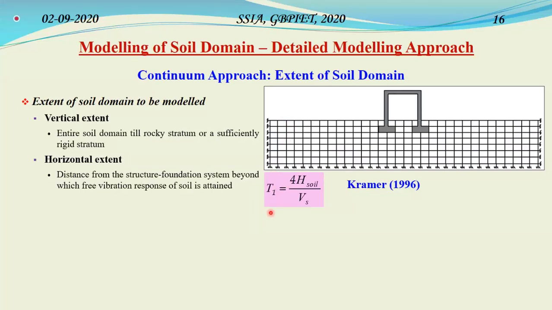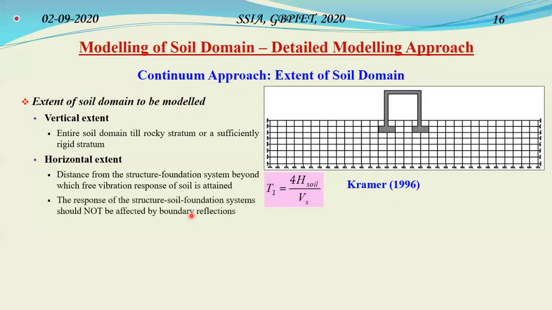We have this analytical expression: if you have the height of the soil as h, and you know the shear wave velocity of this propagating medium, you can always find out the time period for the free field response. In your numerical modeling, find out the distance beyond which you are getting a time period equal or very similar to this value, and then you can decide upon your horizontal extent.